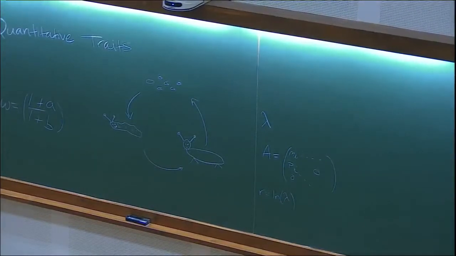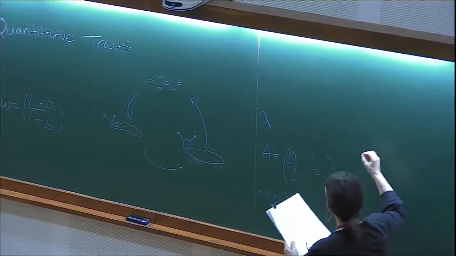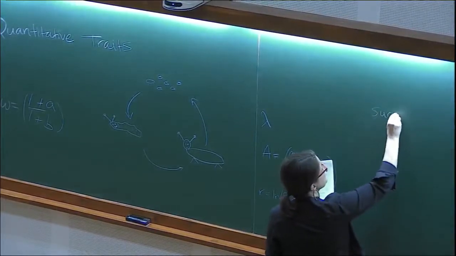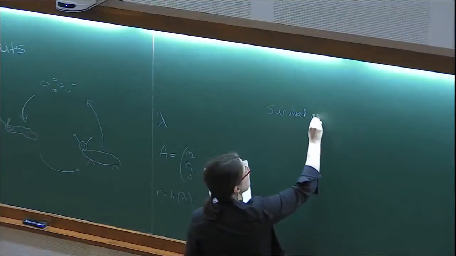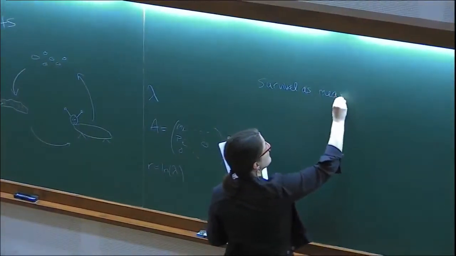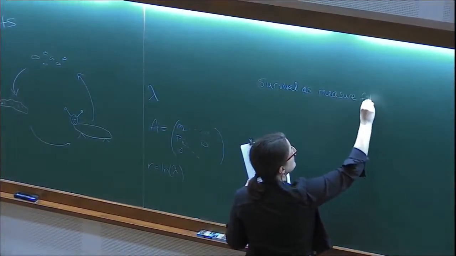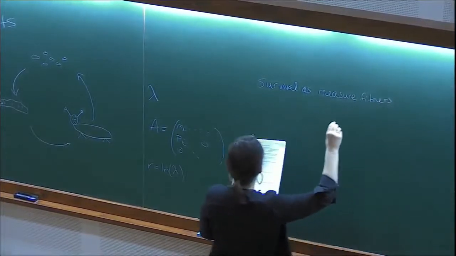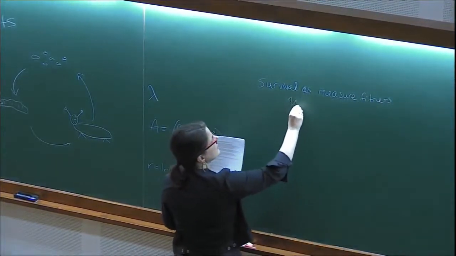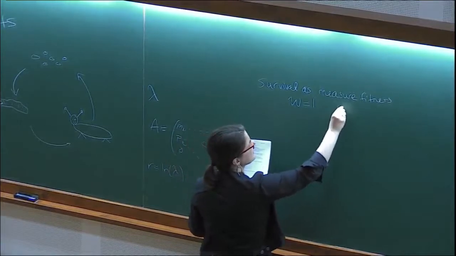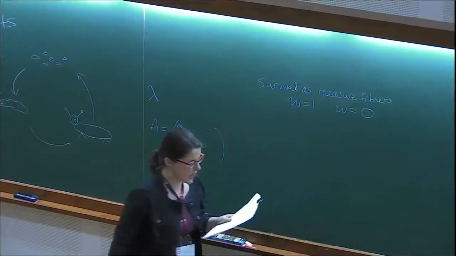And generally, for today's lecture, I'm going to think about survival as a measure of fitness, for right now. And we might say, well, fitness is 1 if you survive, and fitness is 0 if you die.